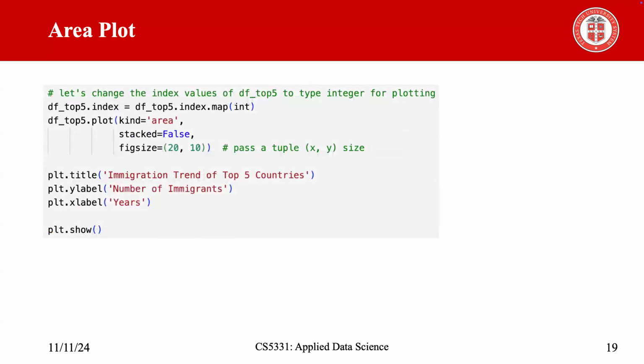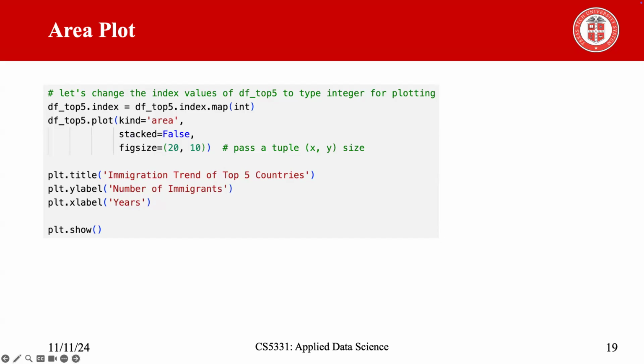For the area plot, they are stacked by default, and to produce such a stacked area plot, we require that each column must be either all positive or all negative values. If it is not a number, the value will be 0. And if we want to produce an unstacked plot, we need to define it here.